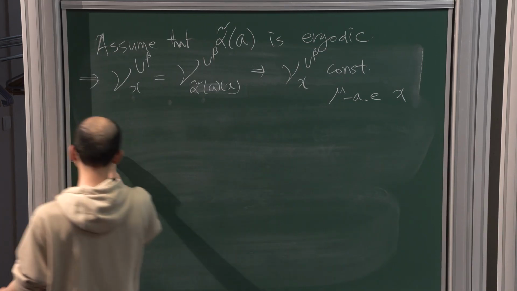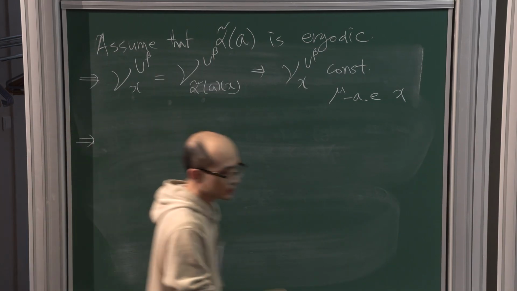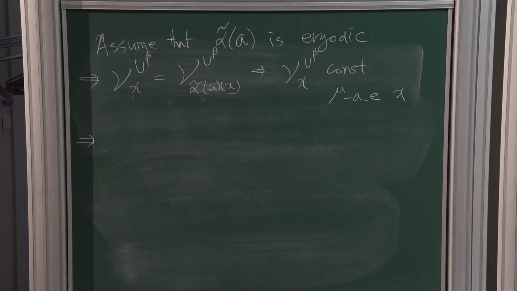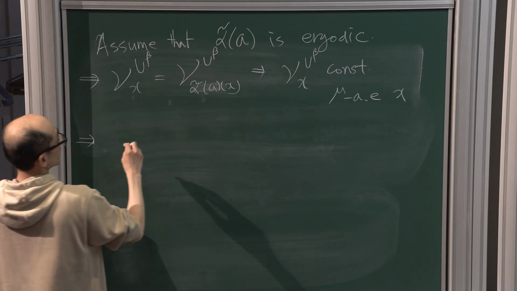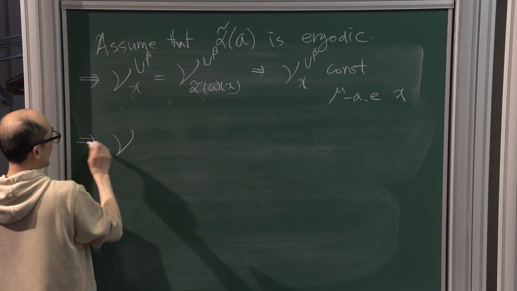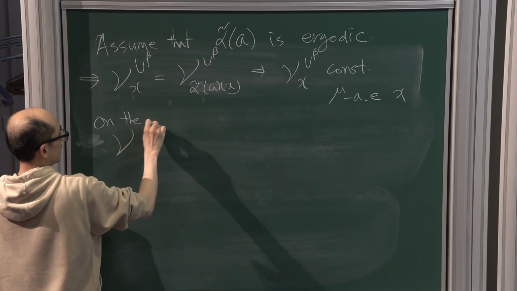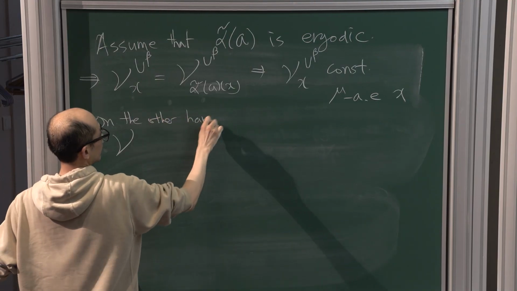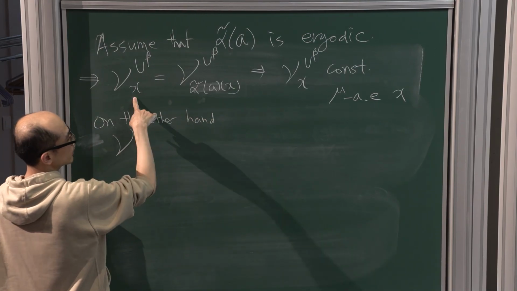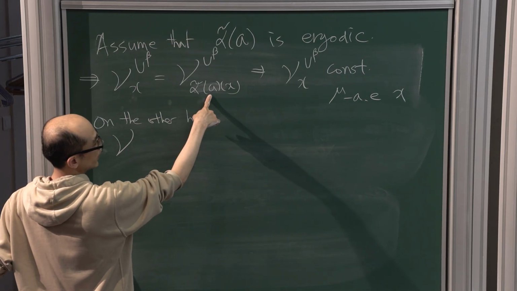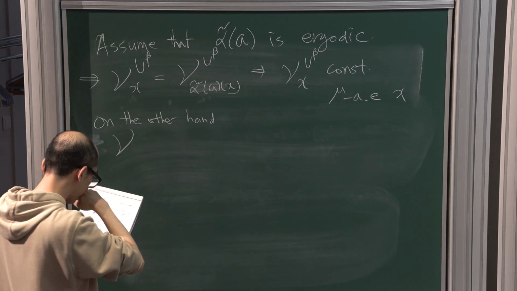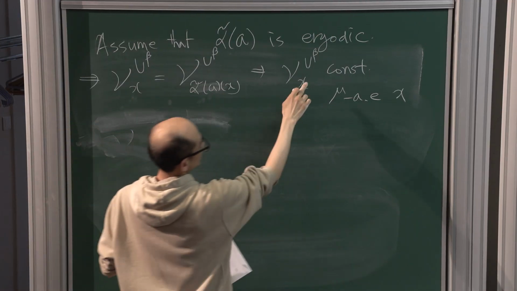Now, I want to say that, on the other hand, if you think about the change of the base point, which is given by the translation on A, yes, it's constant.